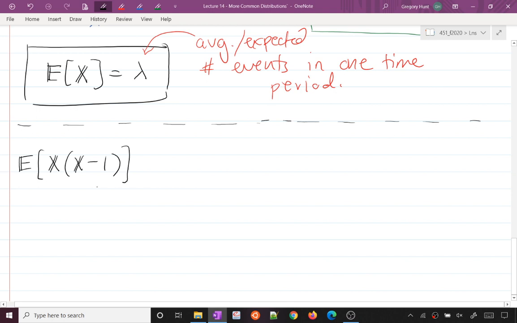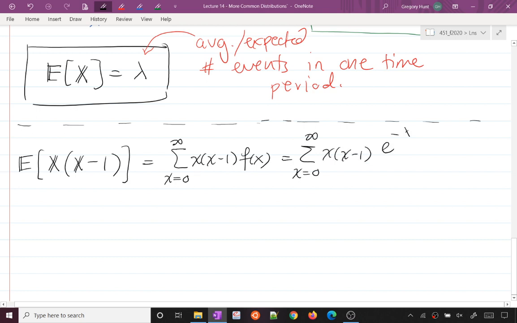It looks a bit scary, but the law of the unconscious statistician says that I can write this as the sum of x times x minus 1 times f(x). Let's write this out: it's x times x minus 1, and what's my PMF? e to the negative lambda, lambda to the x over x factorial.